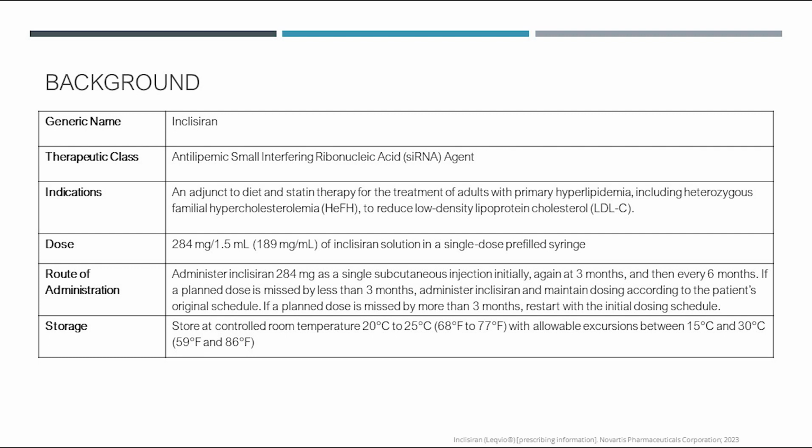Importantly, the previous language also utilized a section termed limitations of use. This section stated that the effect of this agent on cardiovascular morbidity and mortality has not been determined. So that language has been removed, as you can see from the current indications.